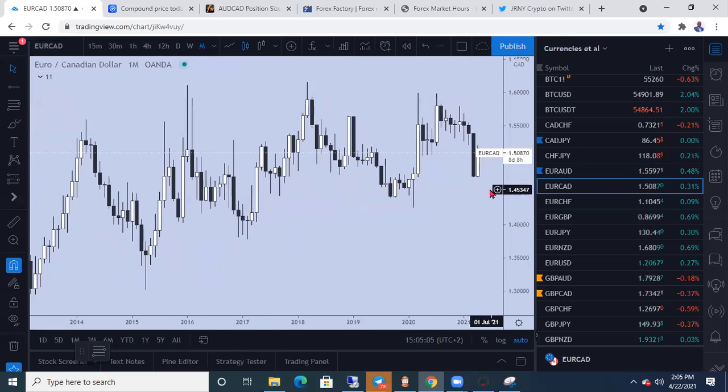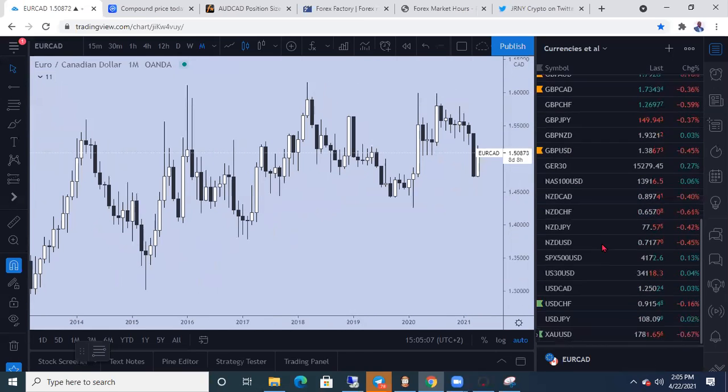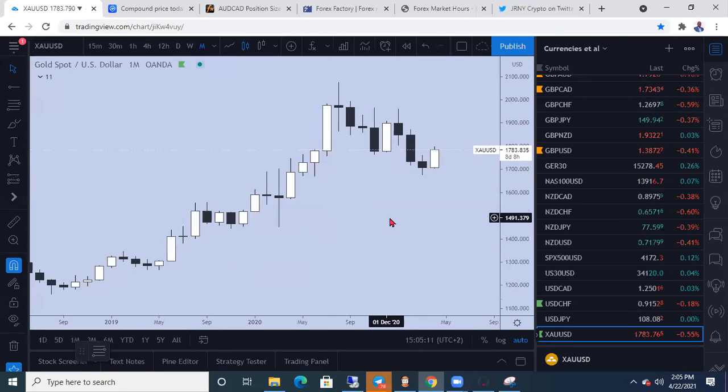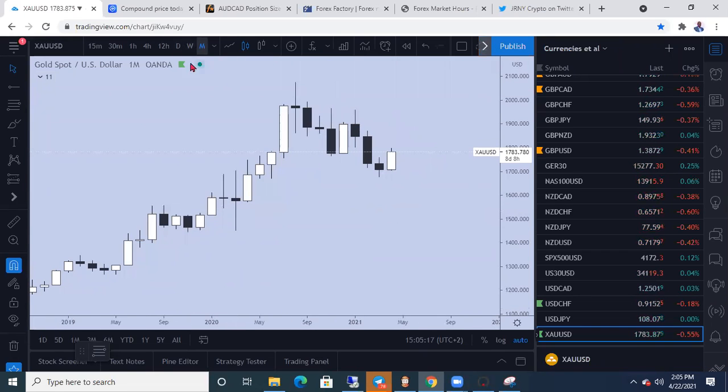Another pair to look at, anybody? Okay, let's take a look at gold. We are on the monthly time frame on gold. All right, I have two people saying Euro USD. We'll take a look at Euro USD then.